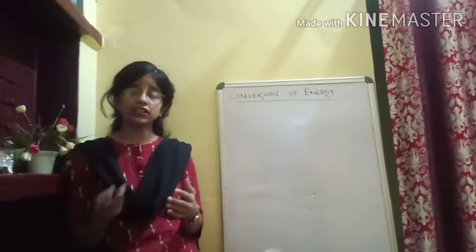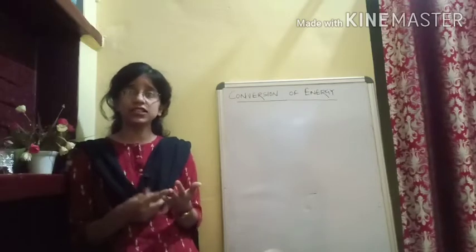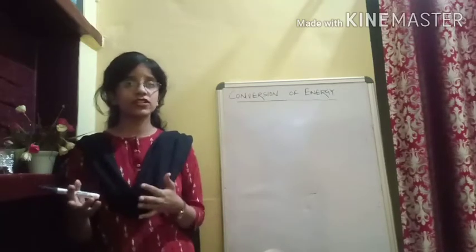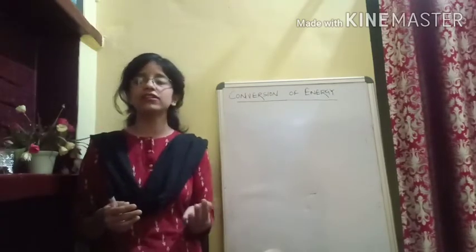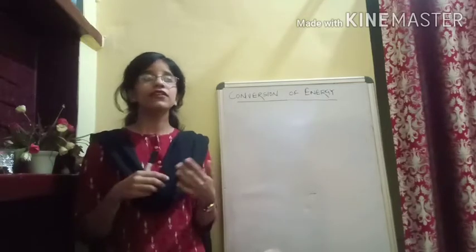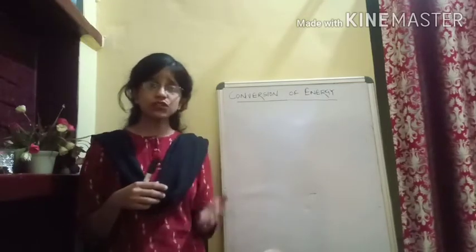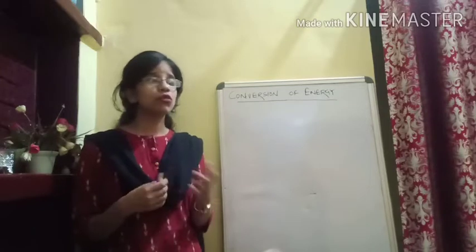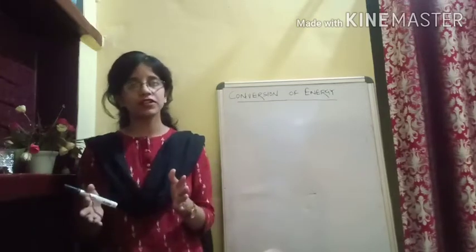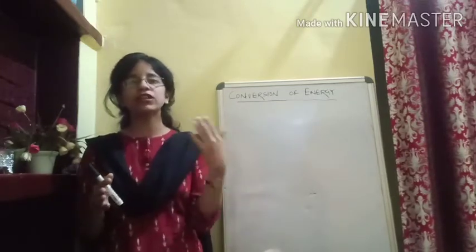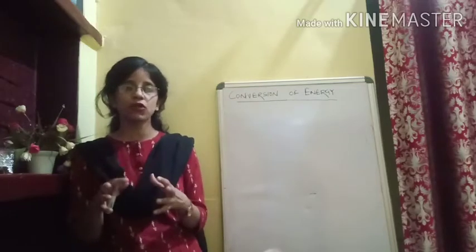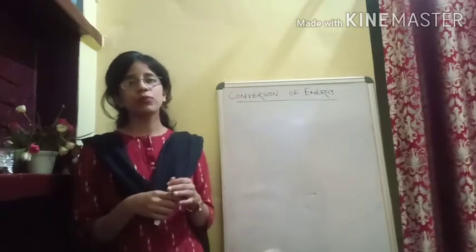We are aware of other forms like light energy, heat energy, tidal energy, chemical energy, nuclear energy, geothermal energy, solar energy. There are too many types of energies, and one form of energy can be converted into another using the proper method or system.